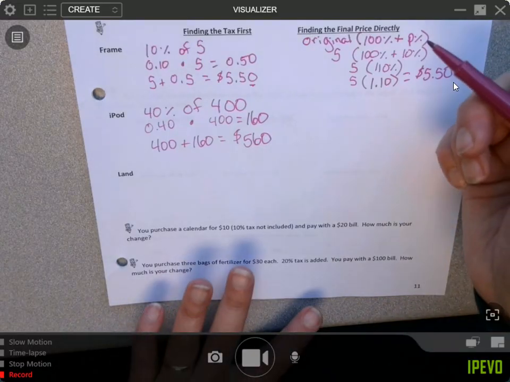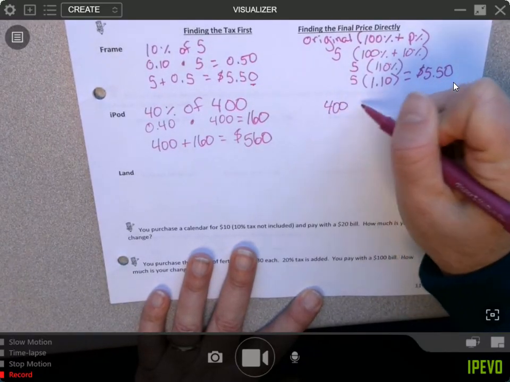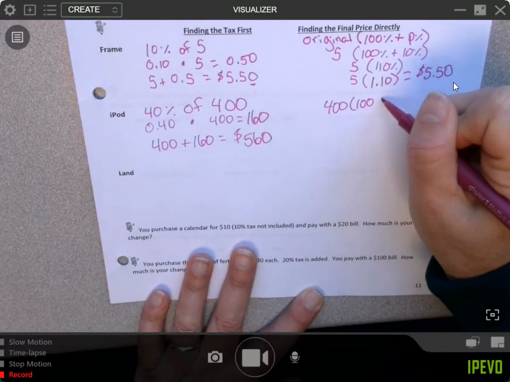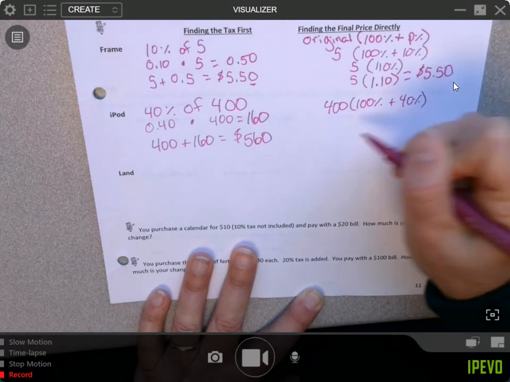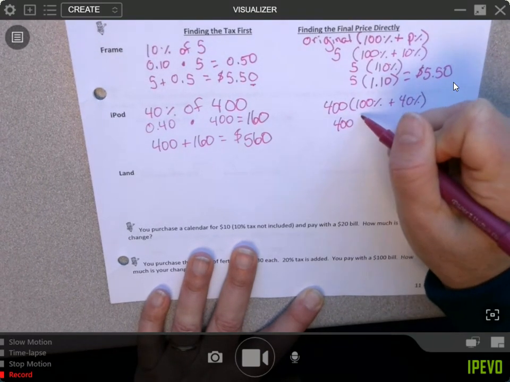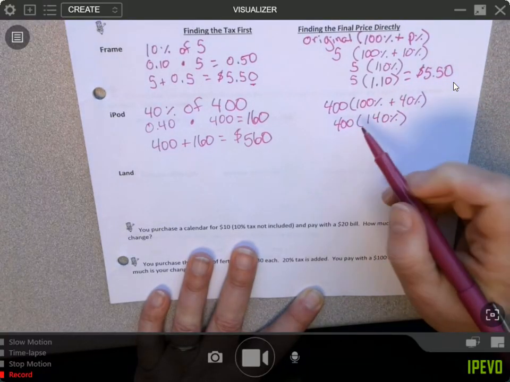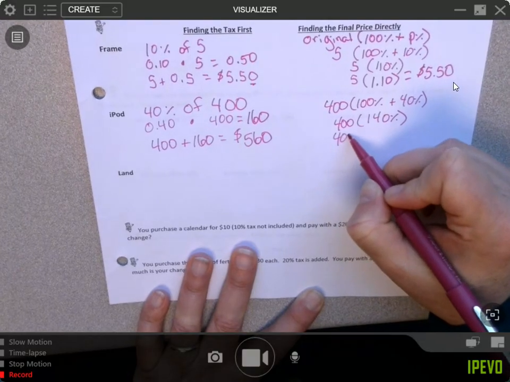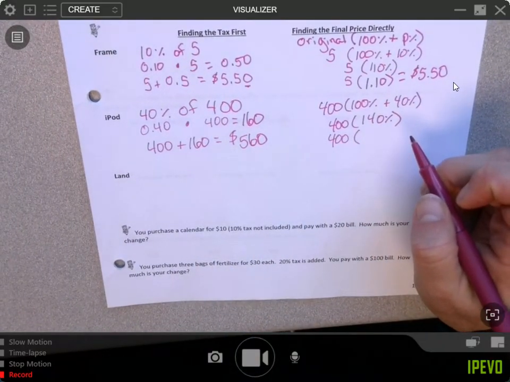Now let's look over at using our formula. It's originally $400, 100% plus 40%. So that first step, remember, is adding those percents together. So 400, what is 140% as a decimal?